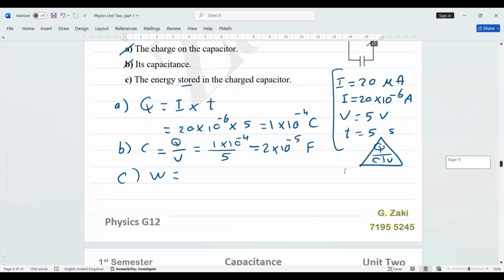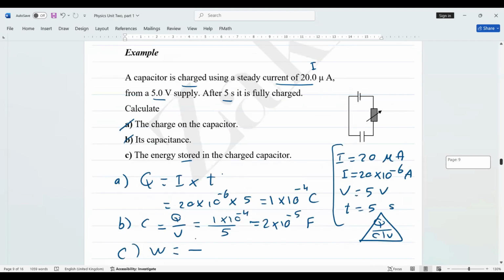So half multiply Q, the charge, which is 1 multiply 10 power negative 4, multiply V, multiply 5. Then half multiply by 1, multiply 10 to the power of negative 4, multiply by 5. So the answer is 2.5 times 10 power negative 4.